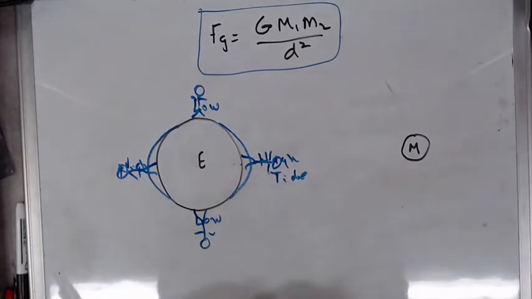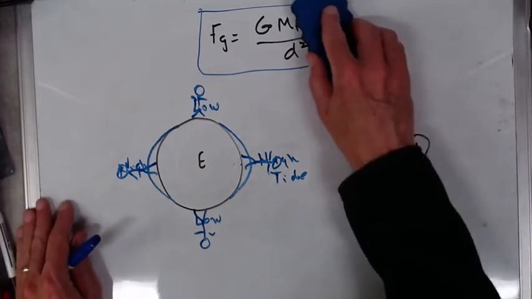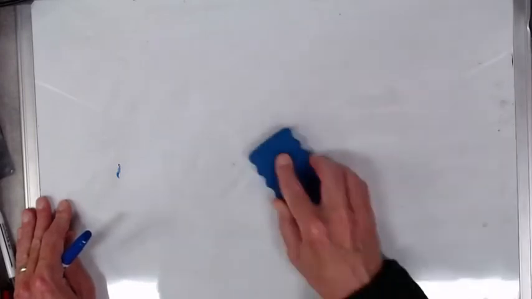Nothing is ever perfect in space, and so it's a little trickier than that because it turns out the sun also exerts tides.